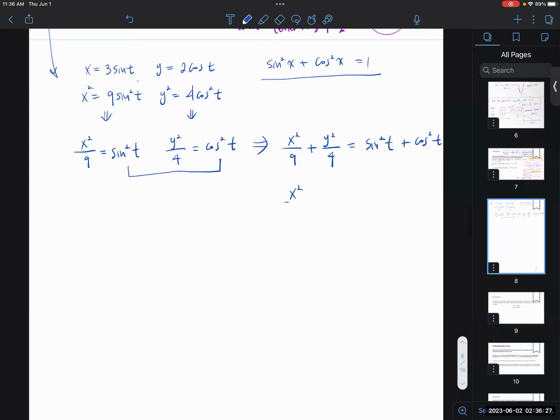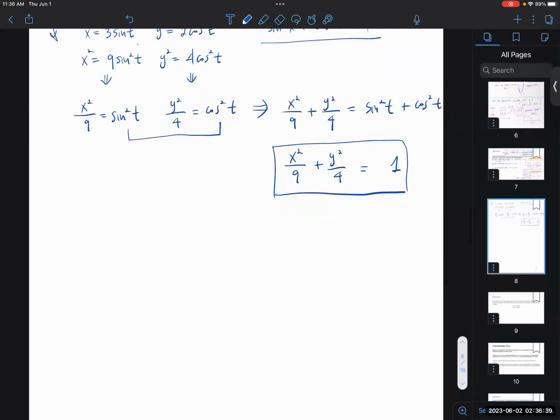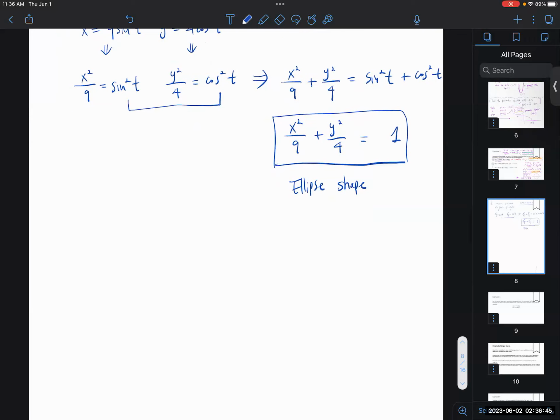Therefore, x squared over 9 plus y squared over 4 equals 1, which we just proved. So that's the answer. This is not really a circle. This is an ellipse equation, if you remember. This is an ellipse shape, right? And that's the parametric equation of that answer.